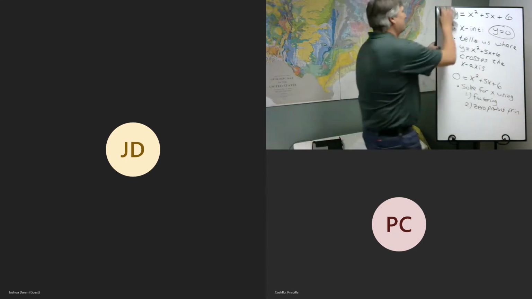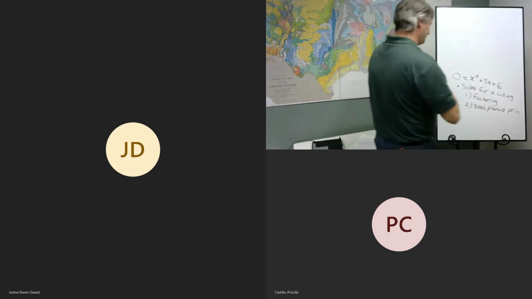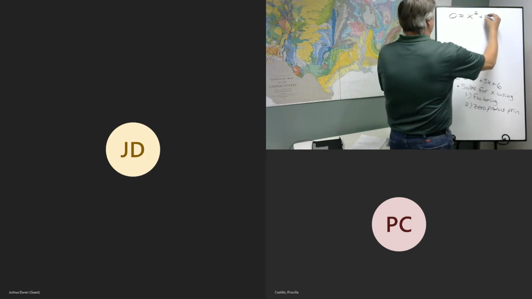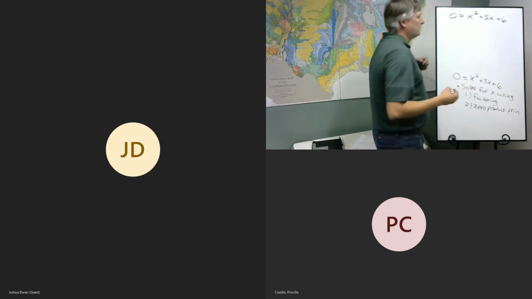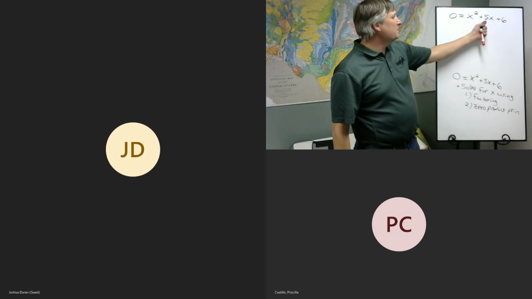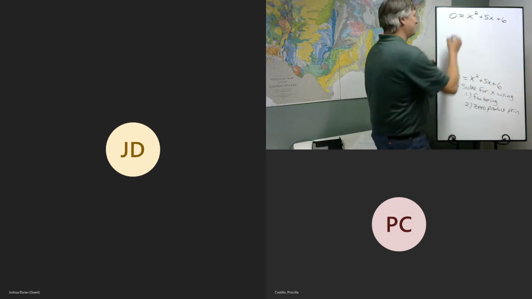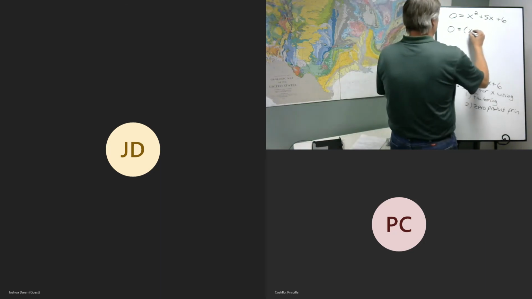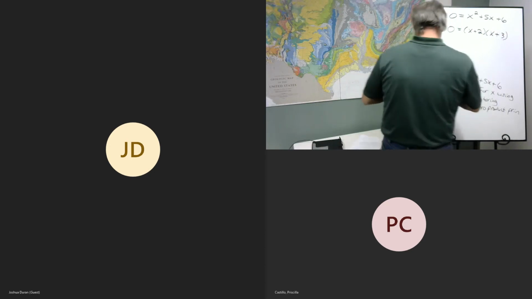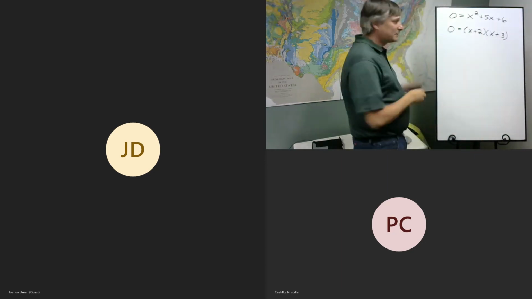So to do that, again, this is a guess and check, invisible one there. So two numbers that add up to 5 but multiply to 6, well, that's going to be 2 and 3. And then we solve for x the same way.